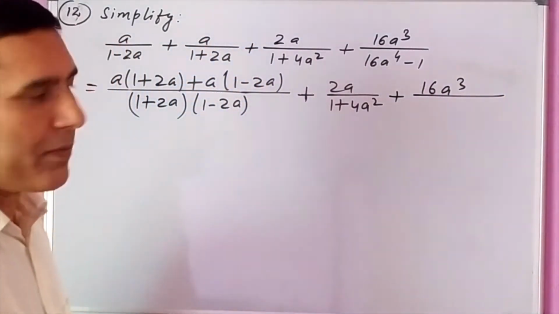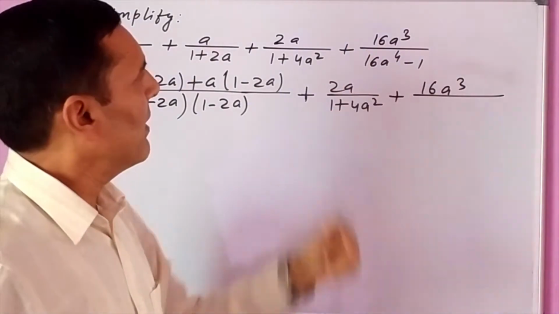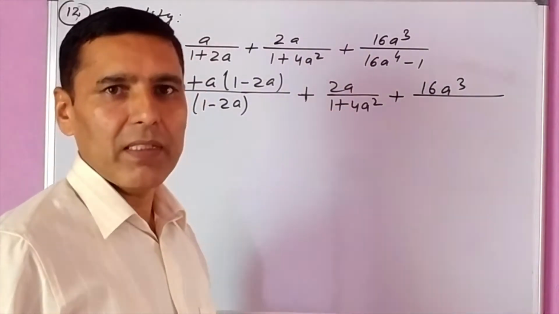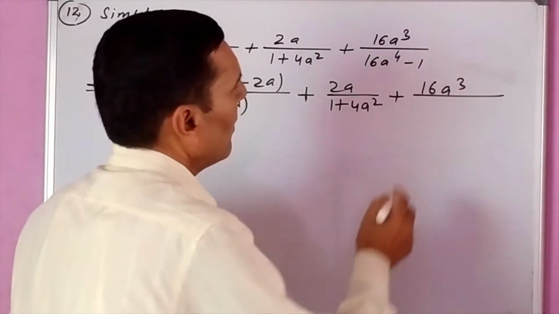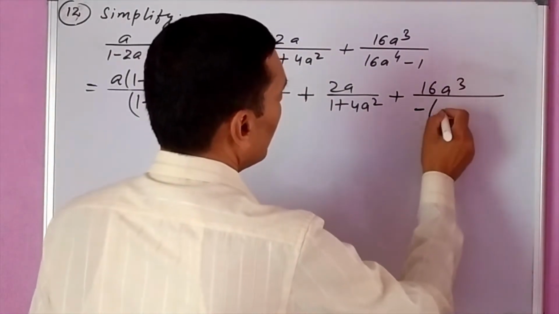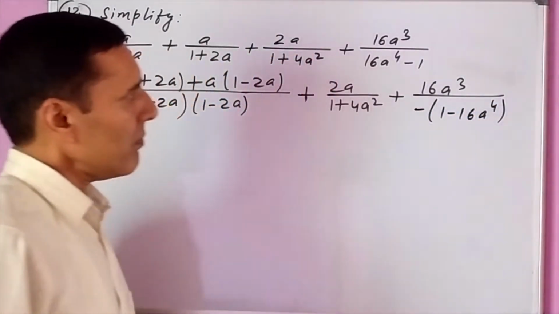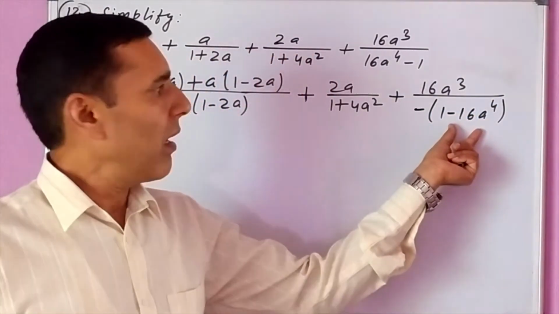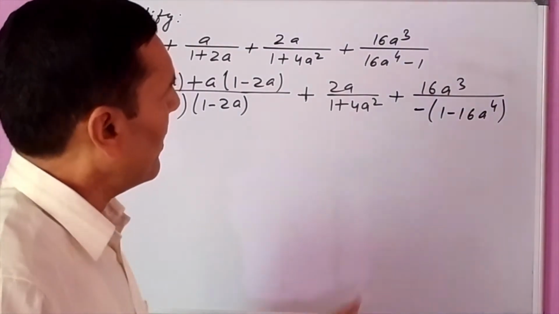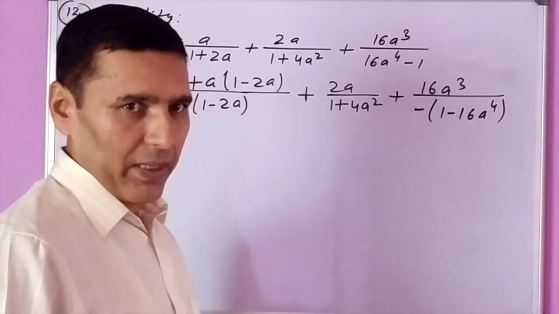It is not in order. We have 1 first, but here 16a power 4 first and 1 second. So by taking minus common, we change this in order. If we write like this, from this also we get 1 plus 4a square, 1 minus 4a square, similar to the other denominators.